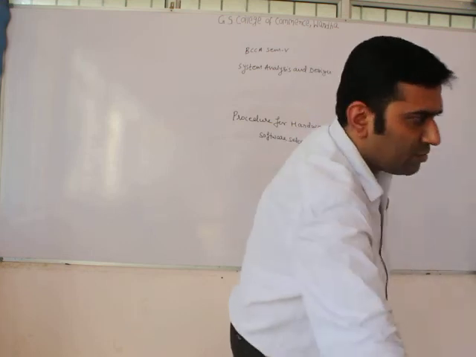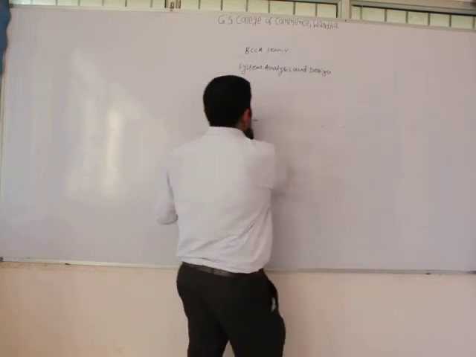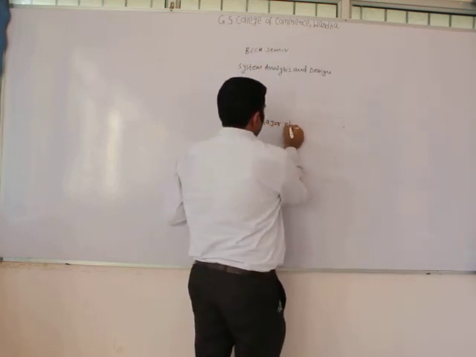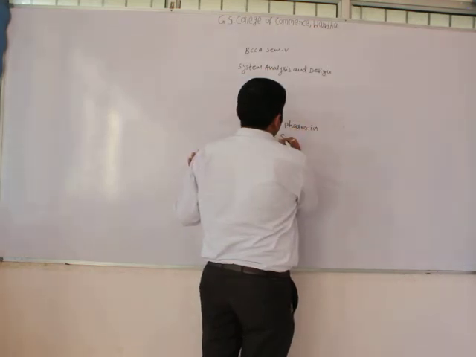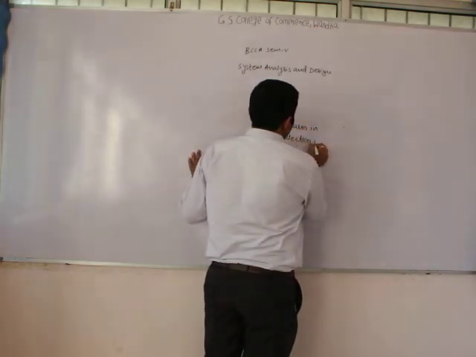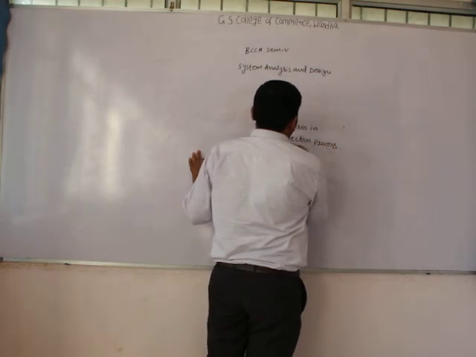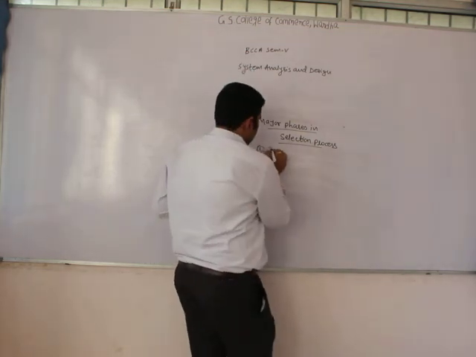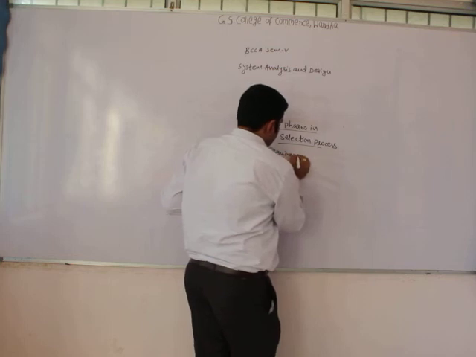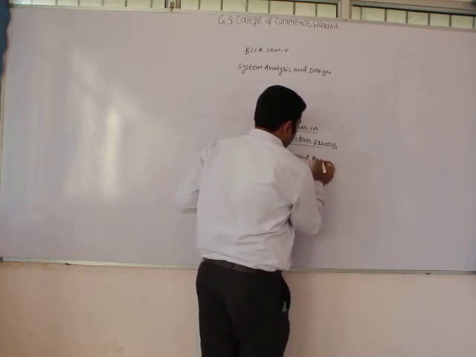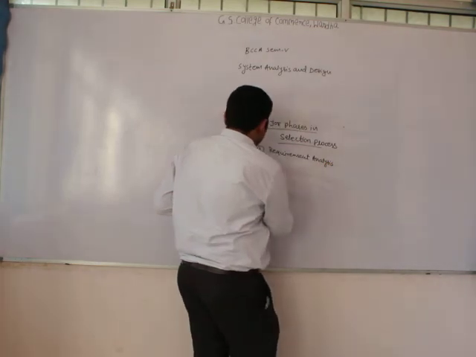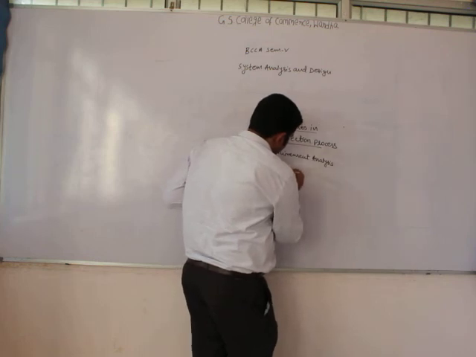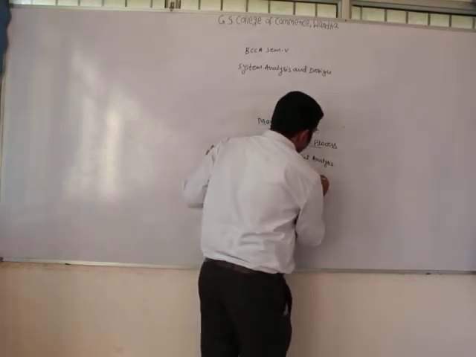Then various phases are used in the selection process. Major phases in the selection process: first phase is requirement analysis. Second is system specification.